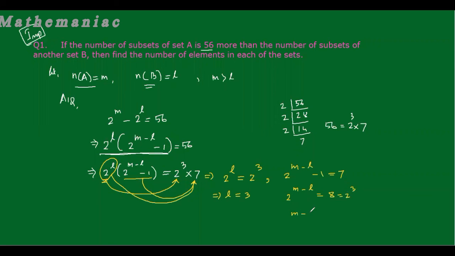So what you will get? M minus L equal to 3, giving you value of m as 6, because L is equal to 3. So ultimately you have found out the value. M is equal to 6, n is equal to 3.